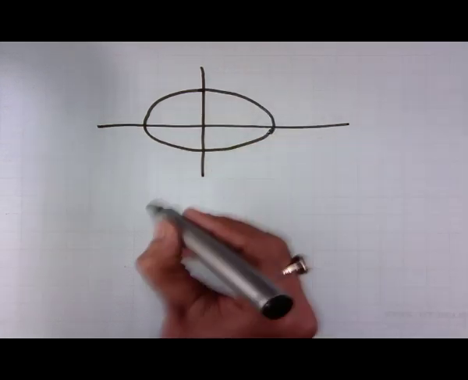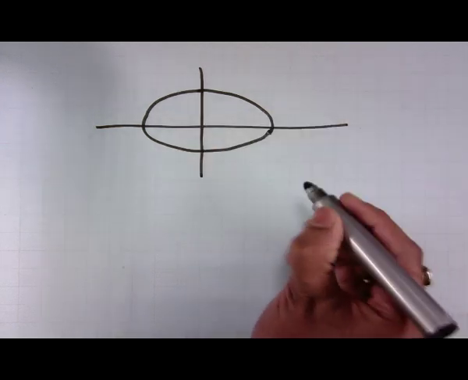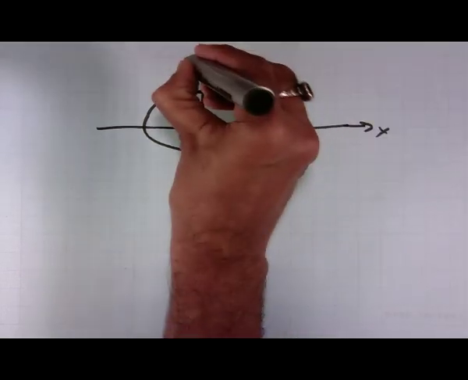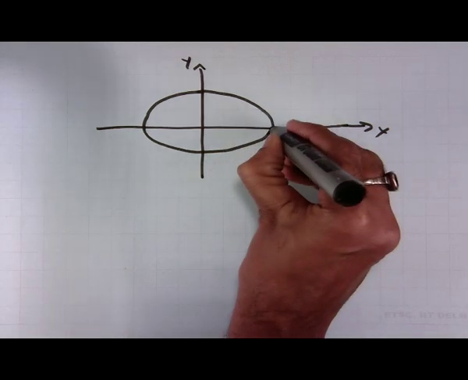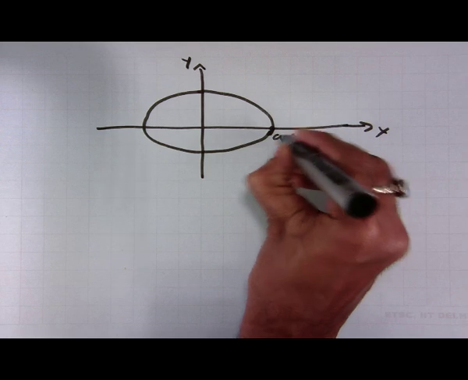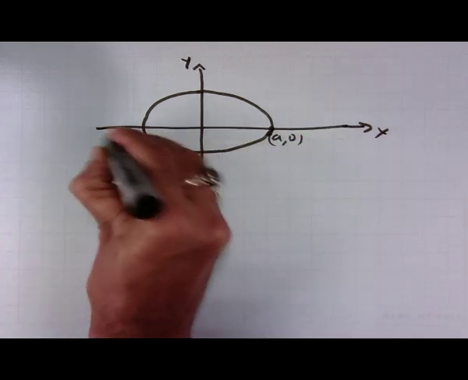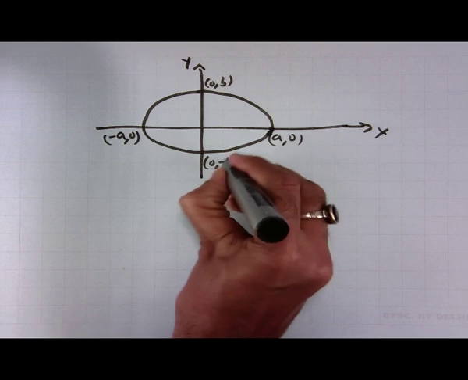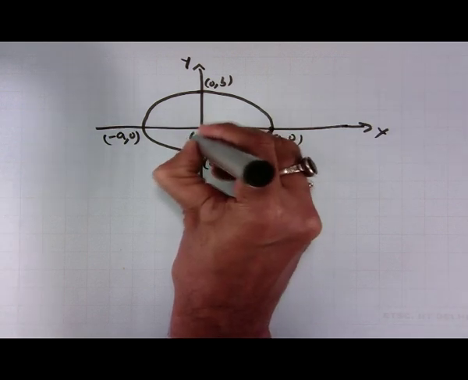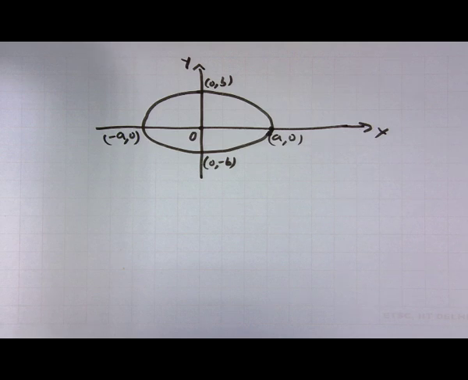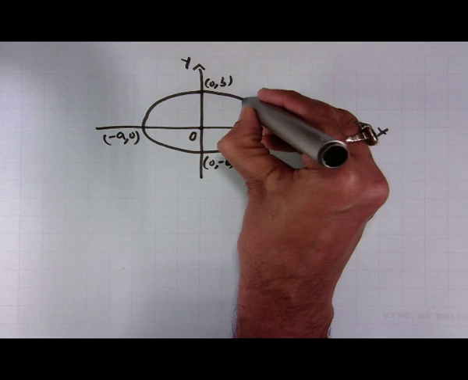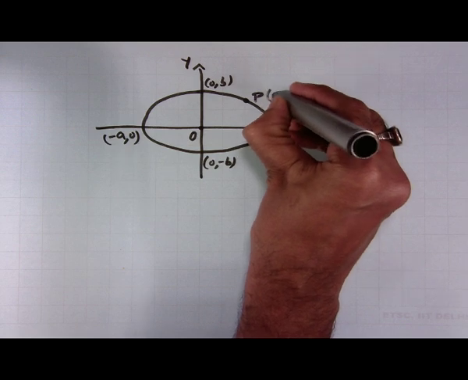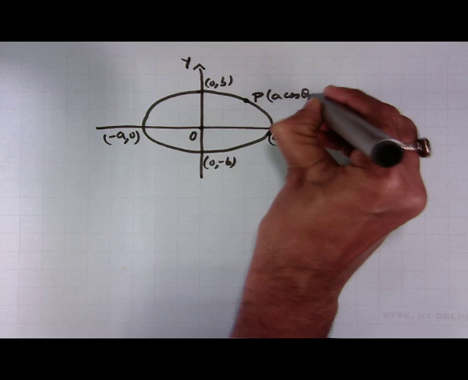Suppose this is our ellipse x square by a square plus y square by b square equal to 1. Then we have these points a comma 0, minus a comma 0, 0 comma b, 0 comma minus b. This is the origin O. Now, here is a general point P whose coordinates are a cos theta and b sin theta.